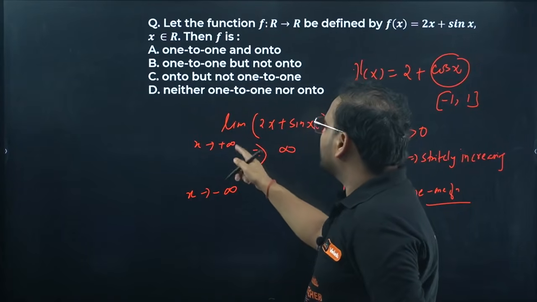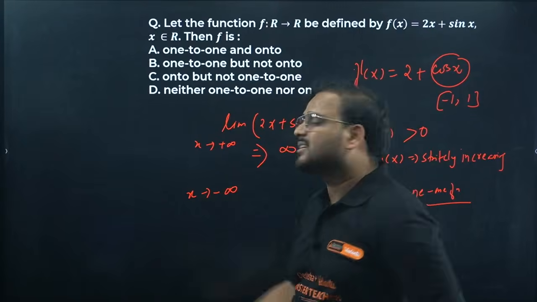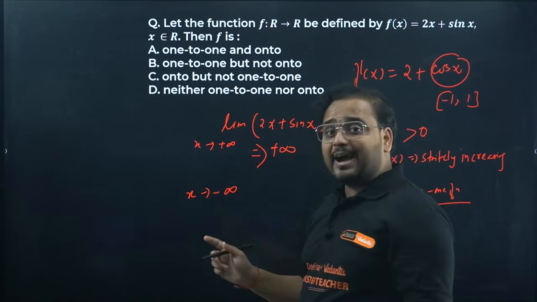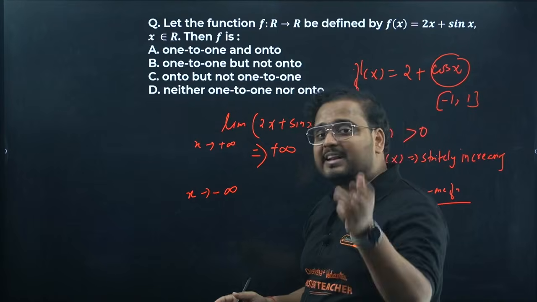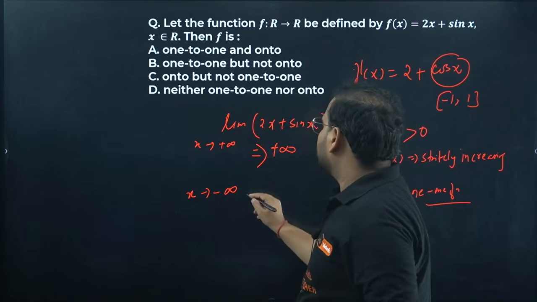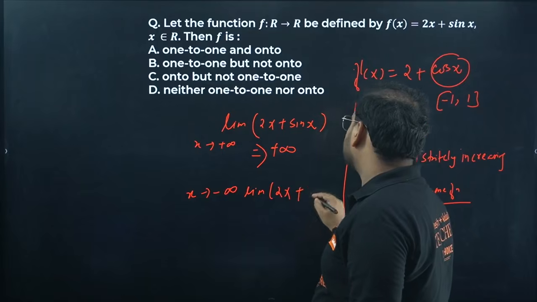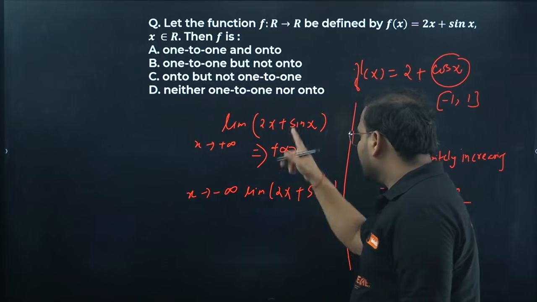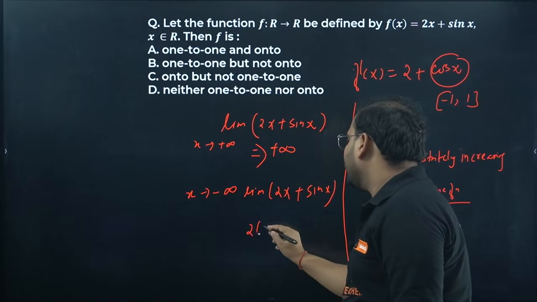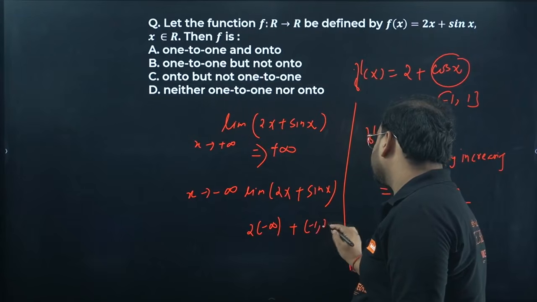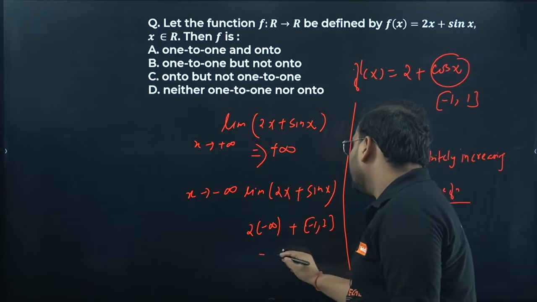So basically when you substitute x with plus infinity, this function also tends to plus infinity. And you should also have the same case for negative infinity. Please check. If you put this in, limit of 2x plus sin x, you're going to get 2 times negative infinity plus something from -1 to 1. This will also turn out to be negative infinity.